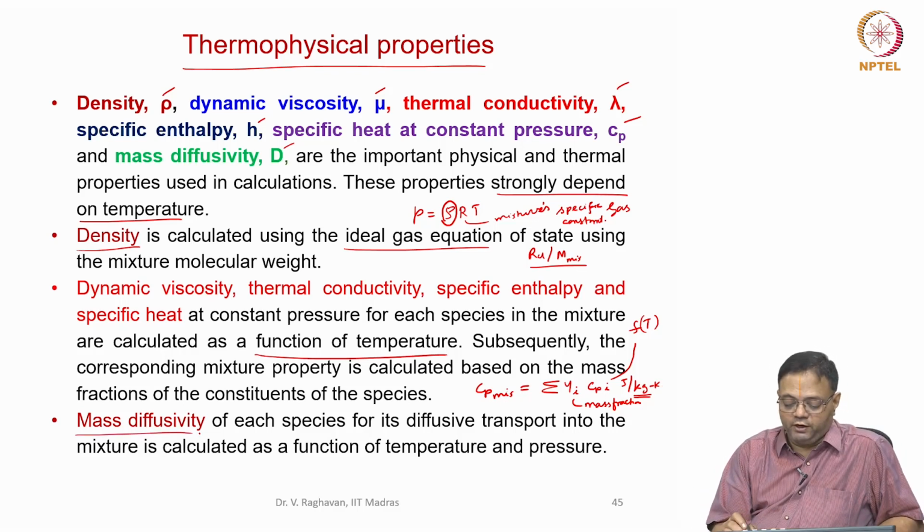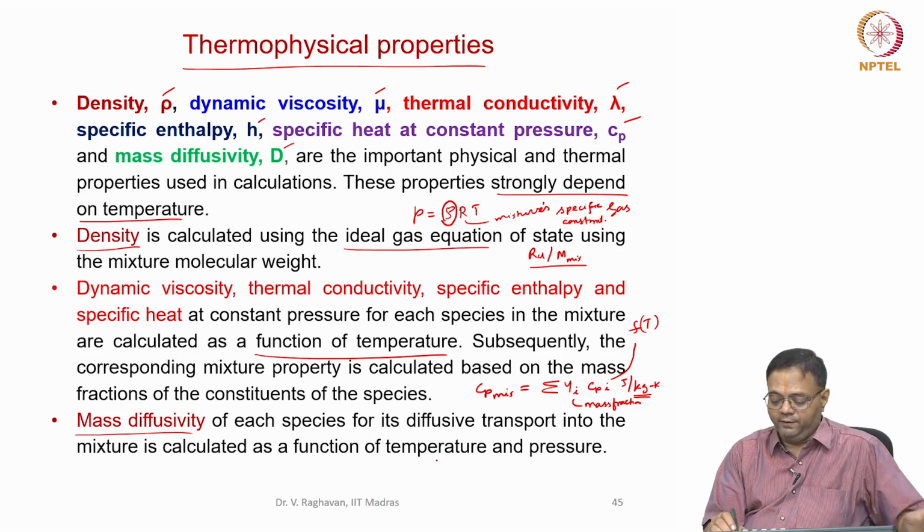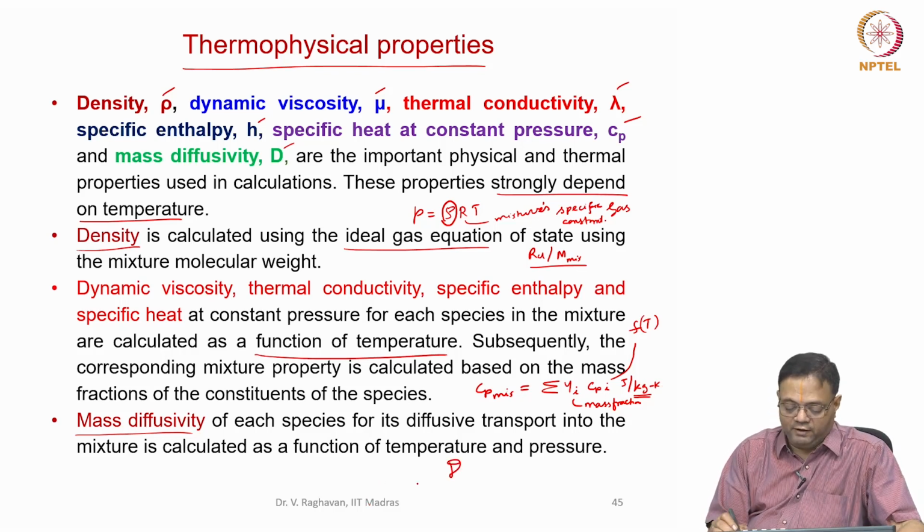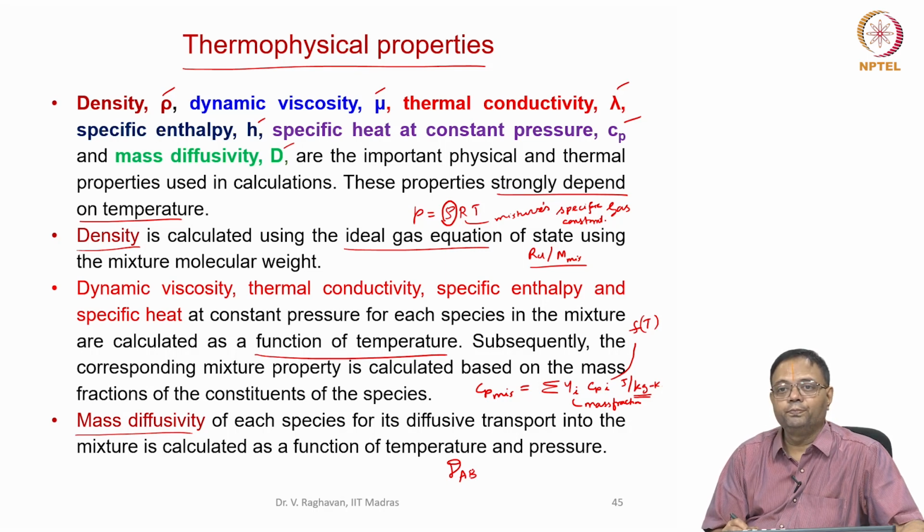Then mass diffusivity. When I say mass diffusivity, we think of a binary diffusivity of a component A diffusing into component B. It has a unit of meter square per second.